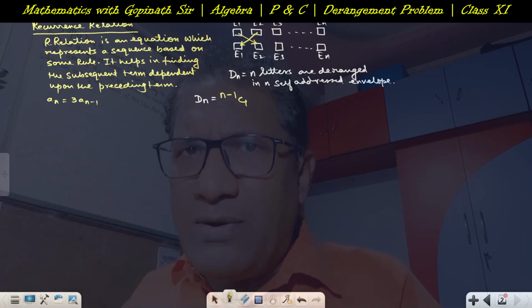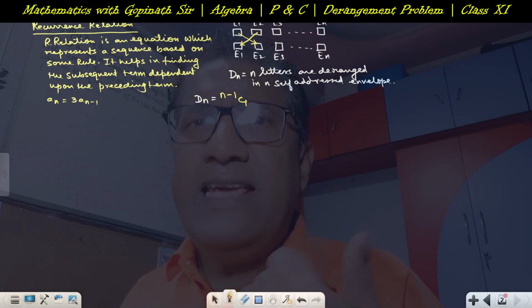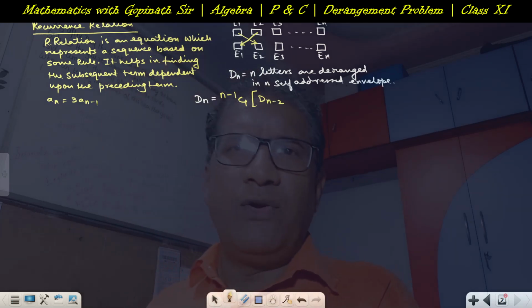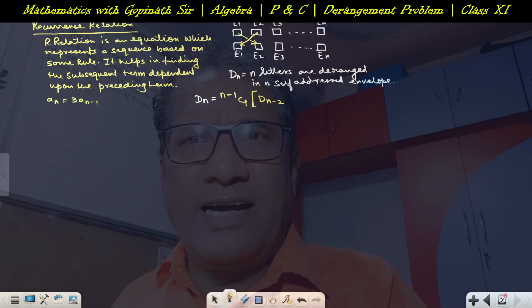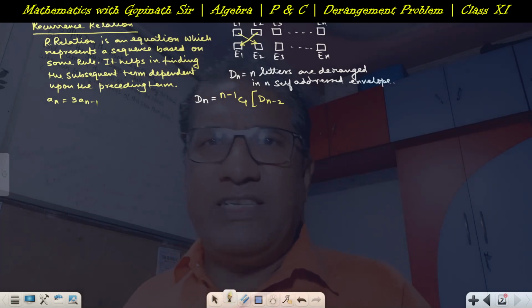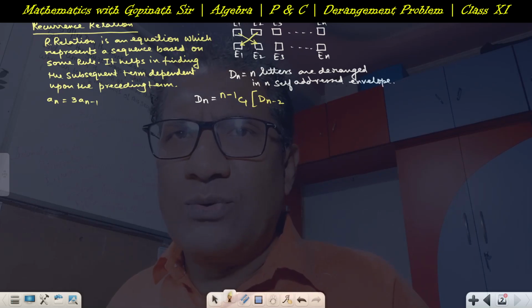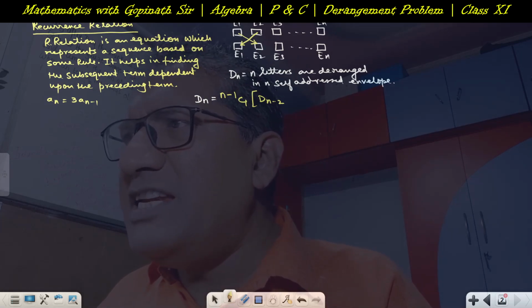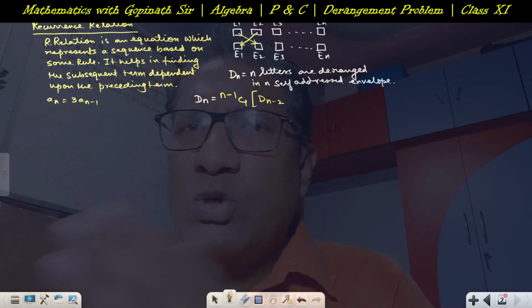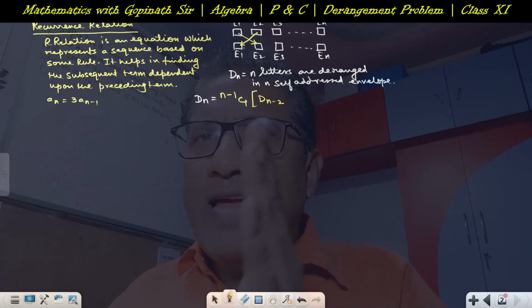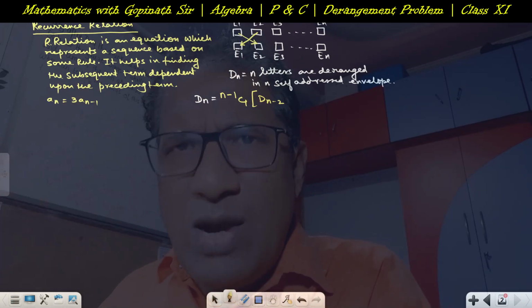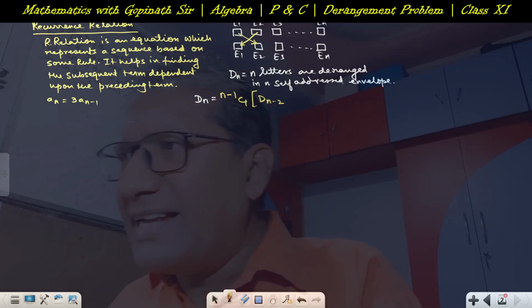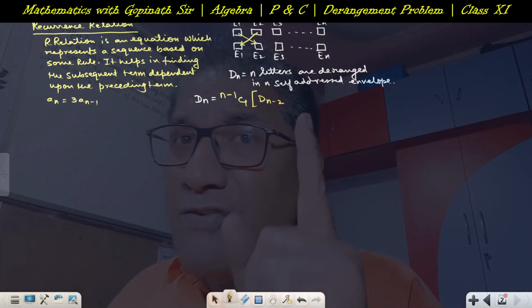Dn minus 2. What do you mean by Dn? Dn is n letters are deranged. So what is Dn minus 2? It is n minus 2 letters are deranged. When L1 is placed in E2 and L2 is placed in E1, these two letters are already deranged, so we are left with n minus 2 letters which can be deranged in Dn minus 2 different ways. That's exactly what I have written. This is the first option.